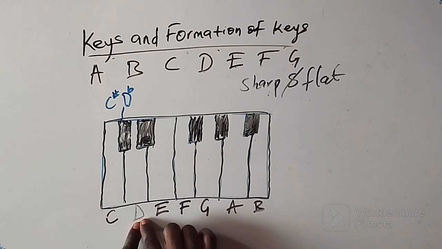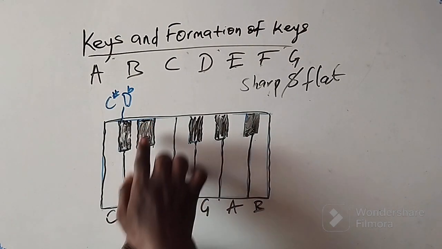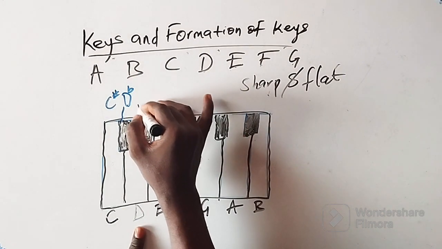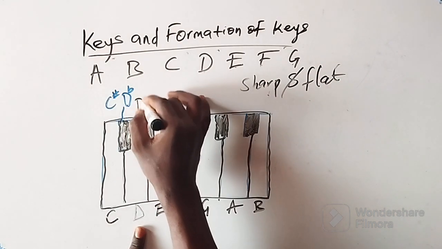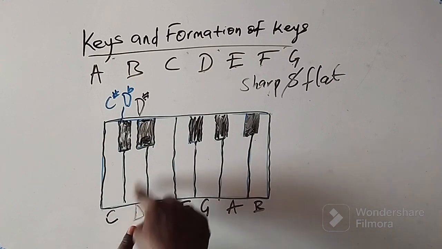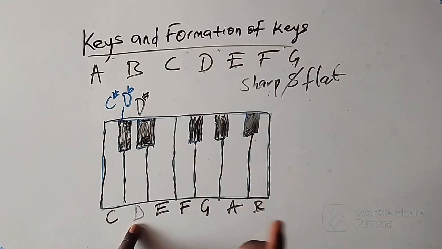Then another one is D. Now D has another key in front of it, so D also has D sharp. Reason, because the key has a note in front of it that can sharpen it a semitone.